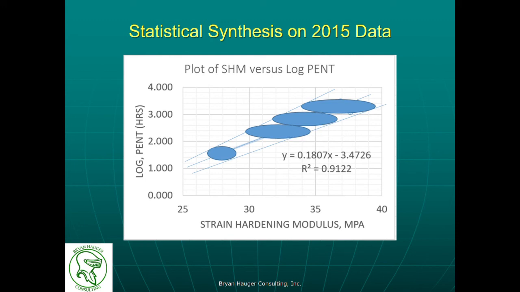And the attractiveness of such an approach becomes more clear if the desired PENT value is 2,000 or 5,000 or 10,000 hours. As I mentioned previously, those types of very high PENT performance were not reported in the 2005 study, but such a study does exist and continues to show a linear relationship between log PENT and strain hardening modulus up to a limit.